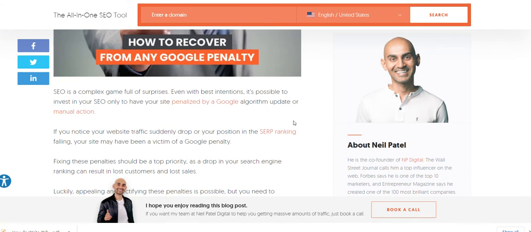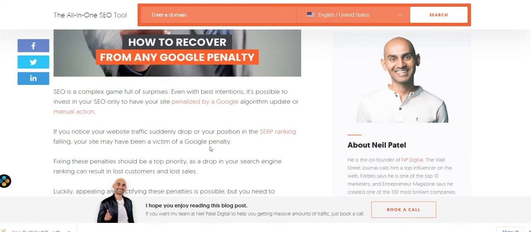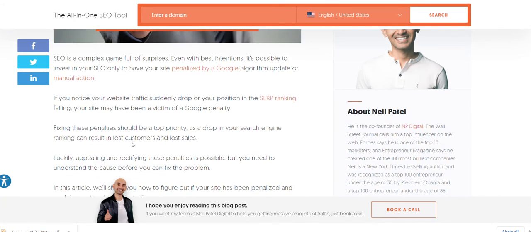You are setting up the problem, and then it follows up with an example of how that problem typically happens to people. So the website suddenly drops in traffic, and once the problem is set up, the article goes into fixing the penalty.